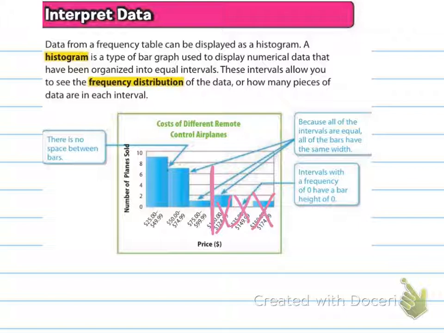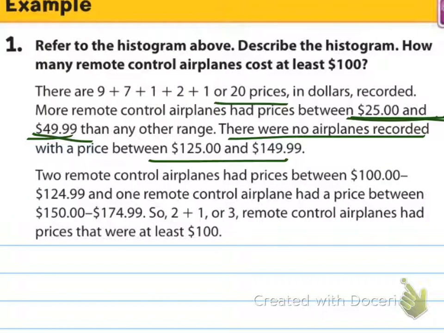It's just going to include the $25 to $49.99, 50 to $74.99, and 75 to $99.99. These are the ones that are less than $100. And so we know that there were 9, 7, and 1 added all together, and we can say that there were 17 remote control airplanes.